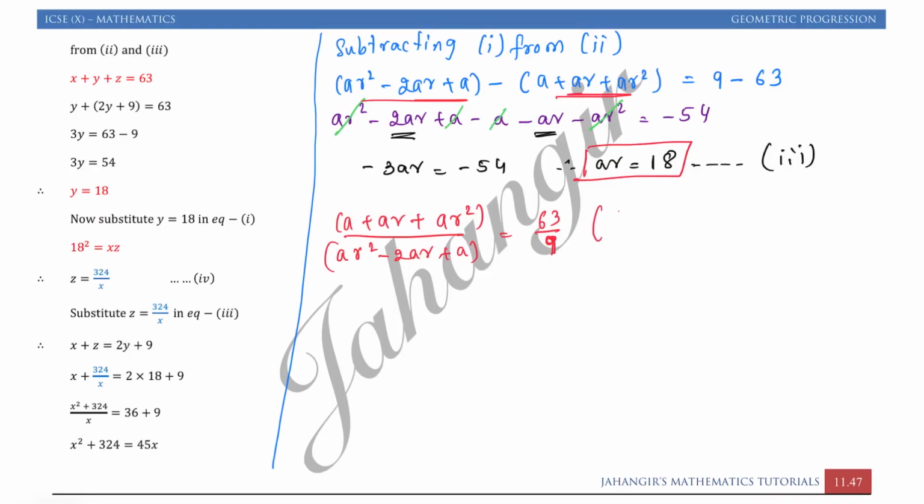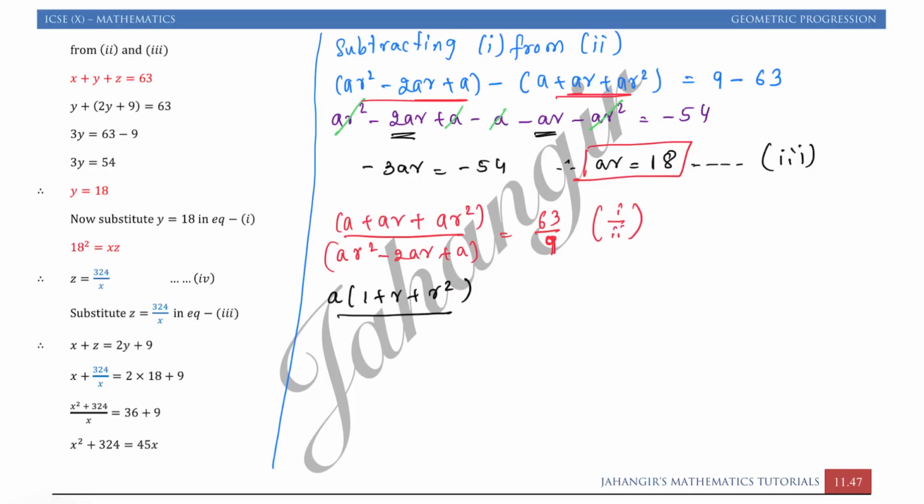Just divide both of them because we have only 3 equations now, and from that we have to find all the 3 numbers. So from the numerator you can take out A common. You will get 1 plus R plus R square.